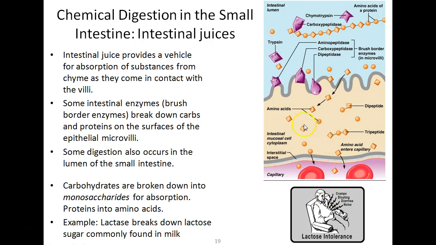So we see on this image on the right, these projections are trying to show the villi. In the blue, we would have intestinal lumen, and in the brown, we're going to have tissue, and you can see at the bottom is the capillaries. Keep in mind that what we're viewing in this diagram is the ultimate goal of the digestive system.